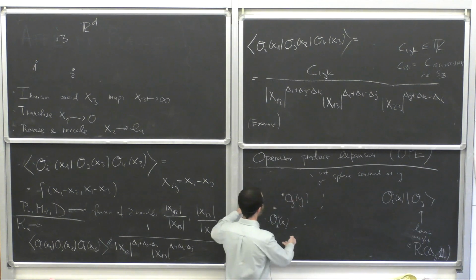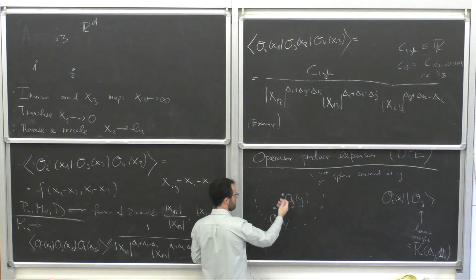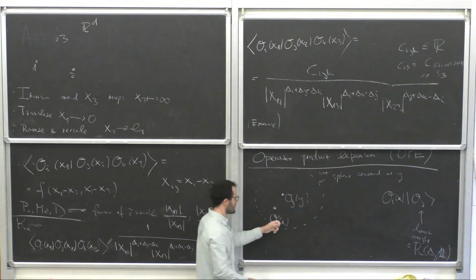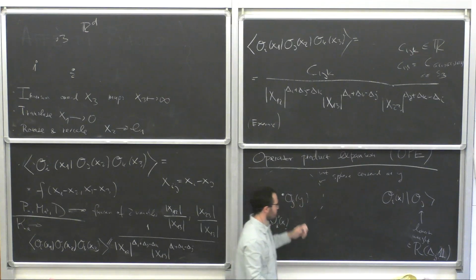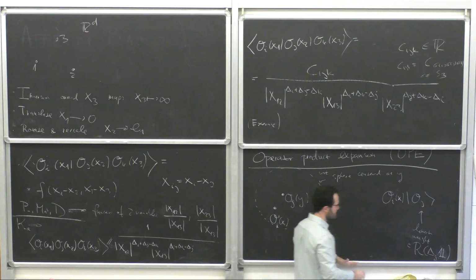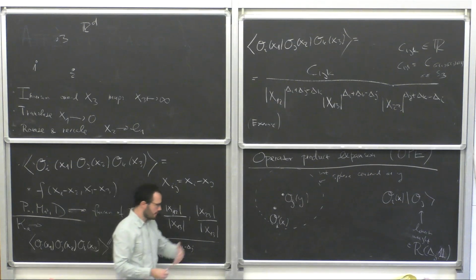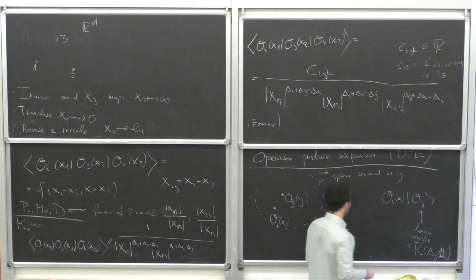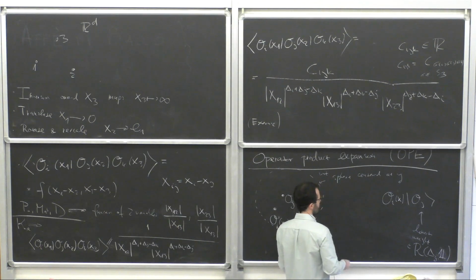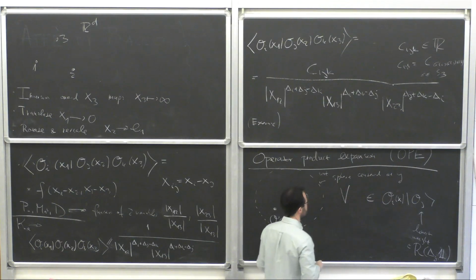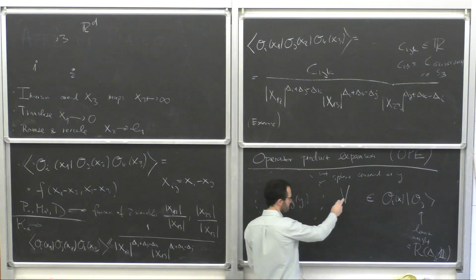When we look at the sphere, this picture just corresponds to a particular state which depends on X minus Y and I and J, but it's a state in a Hilbert space, so we can expand it in the basis of our Hilbert space. Okay, so this is just some vector in V.